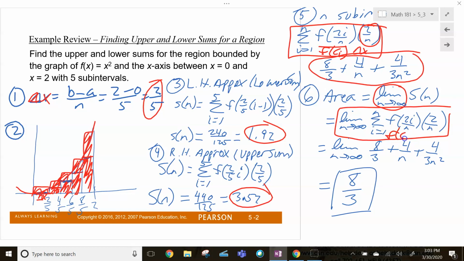Again, this is like our height right here, and this is like our width right there. If we run the limit as n goes to infinity, it works down to this, and this goes to 0 as we plug that infinity in, and we end up with the actual area, 8/3.